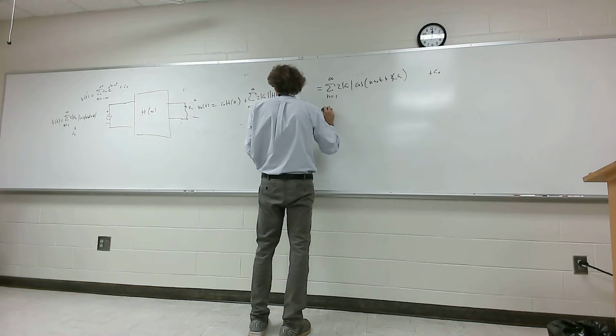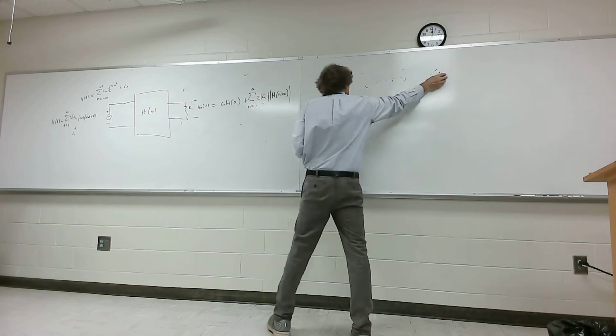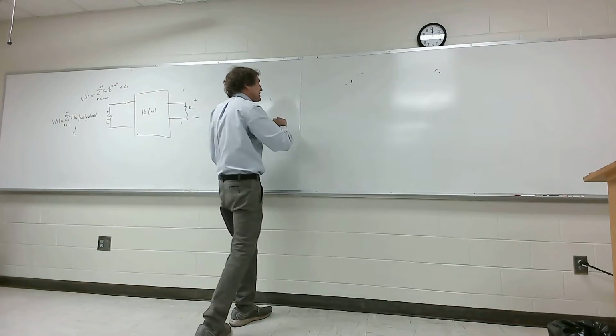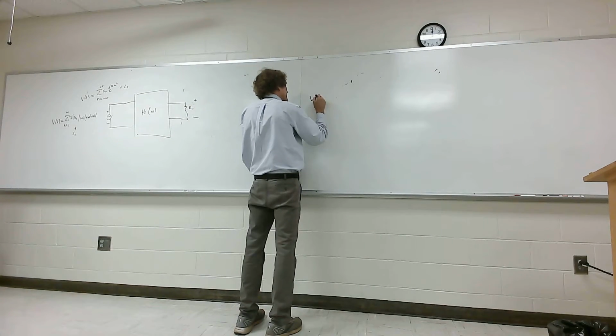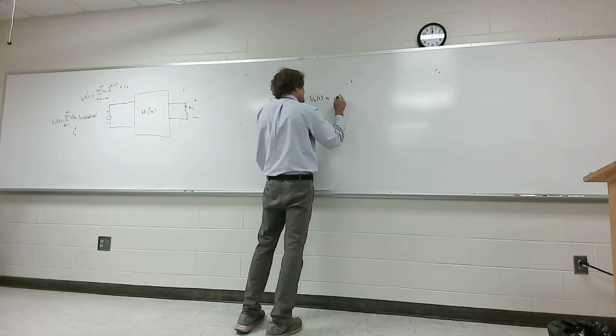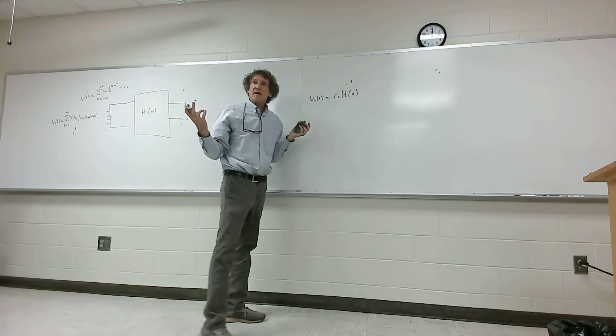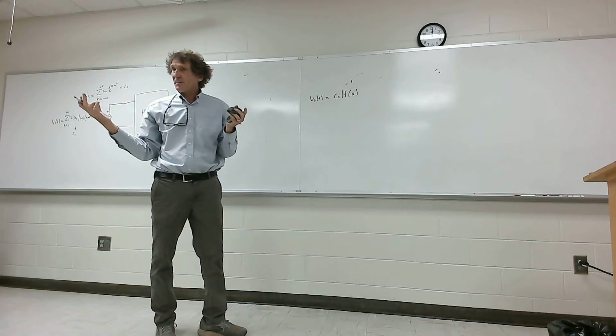Tell you what, let me go over here and do it on this part. I'm going to say my v naught of t will be equal to C0 times the magnitude of H. C0 is just the average value of the function over one period. You all follow me on that?